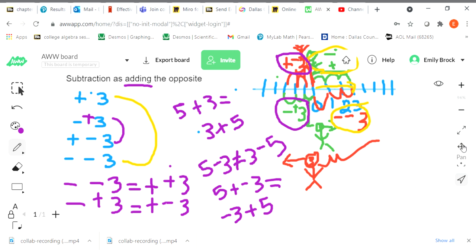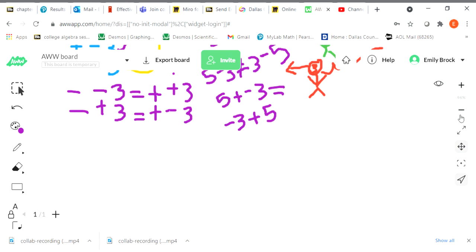So let's look at a few problems that way, just a few as to how we would do it. So, for instance, if you have 7 minus 3, that could be rewritten. Note the 3 is positive, by the way. That could be rewritten as 7 plus the opposite of 3, which is negative 3.